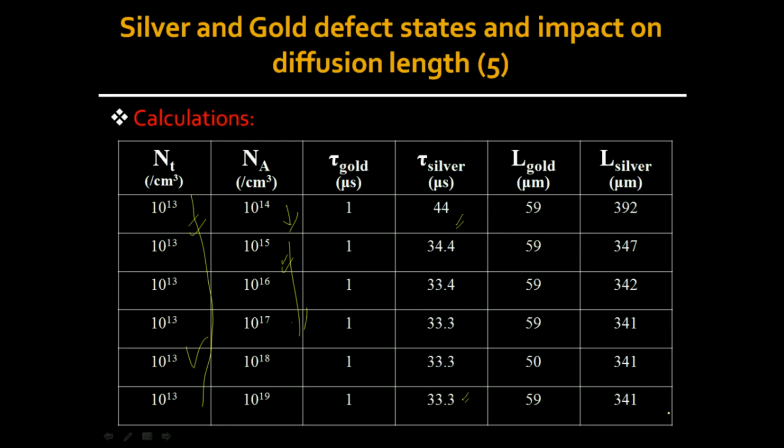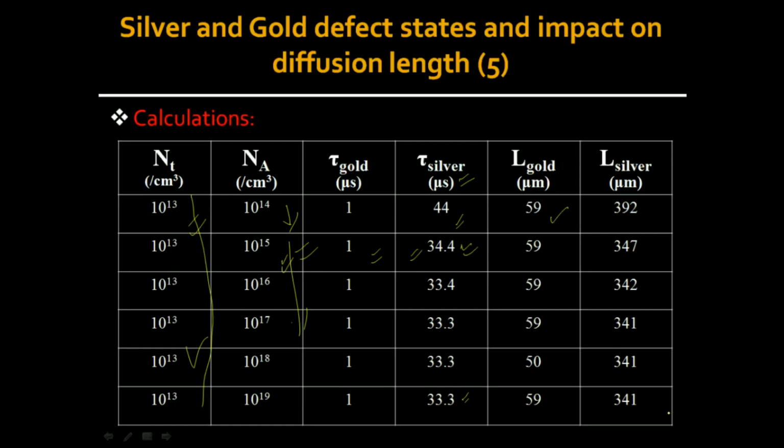At this level, there is slight degradation in lifetime for silver also, but compared to gold, it is much better. So unless you go beyond the limit of base doping concentration of around 10^15 or so, silver is not going to matter much, but gold is always a problem whatever the base doping is.